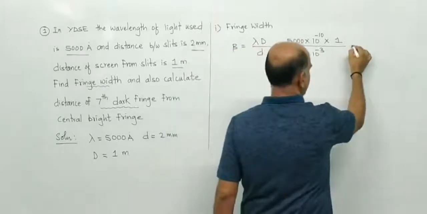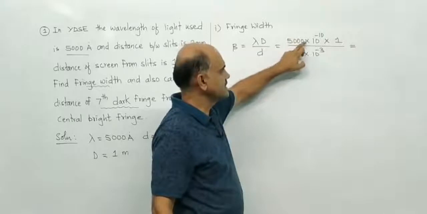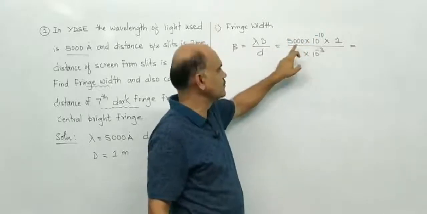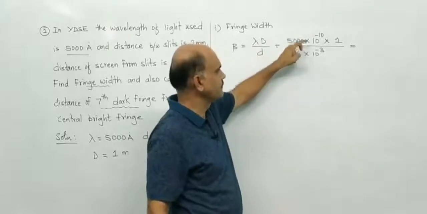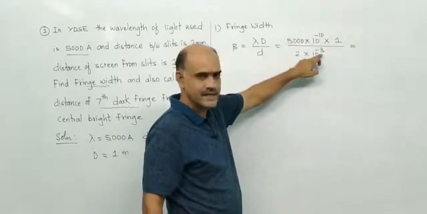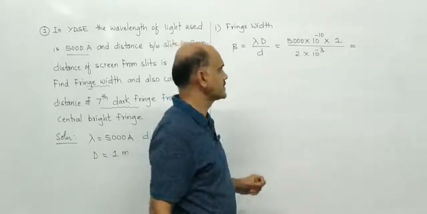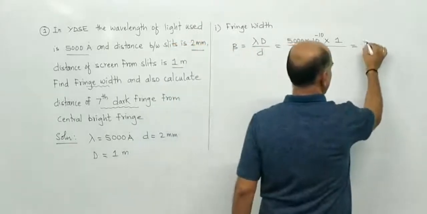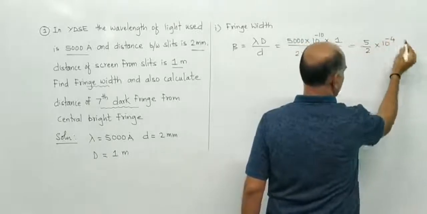If I simplify this, 5000 into 10 raised to minus 10 gives 10 raised to minus 7, and 10 raised to minus 3 cancels, so we get 10 raised to minus 4. So you will have 5 by 2 into 10 raised to minus 4.